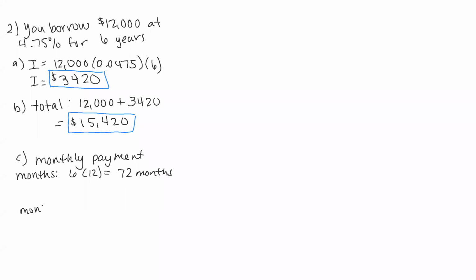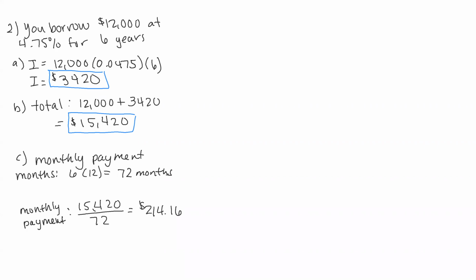Okay. So then the monthly payment is going to be the total amount borrowed, which is 15,420, divided by the total number of months on the loan. So 15,420 divided by 72, I get $214, and then I get 214.16 repeating.